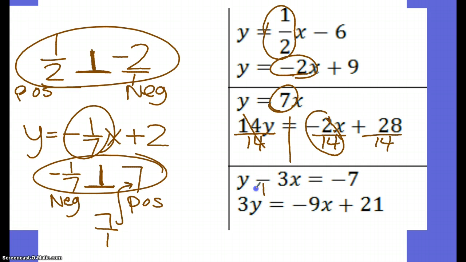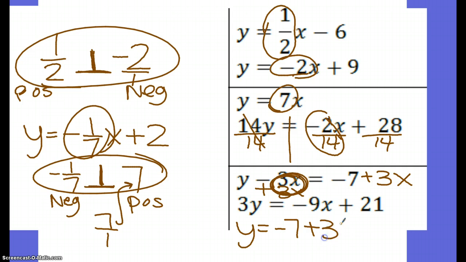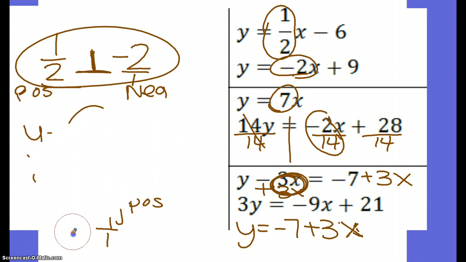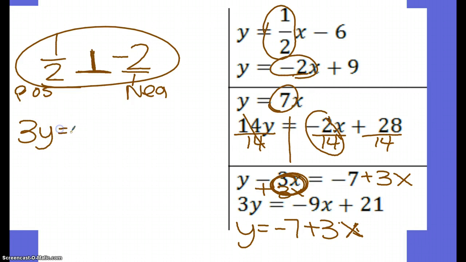The next one, we have to solve for y, so we're going to add 3x to both sides. So y is negative 7 plus 3x. So for the bottom one, we have 3y equals negative 9x plus 21.